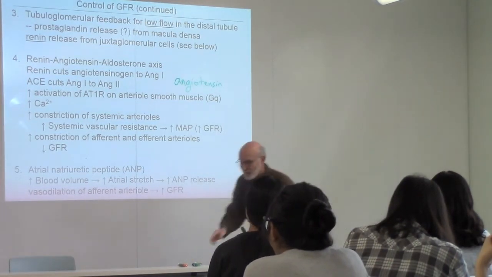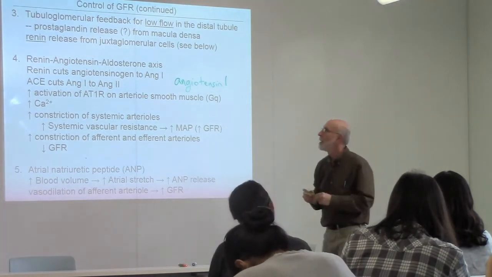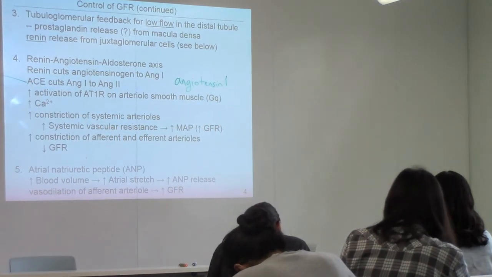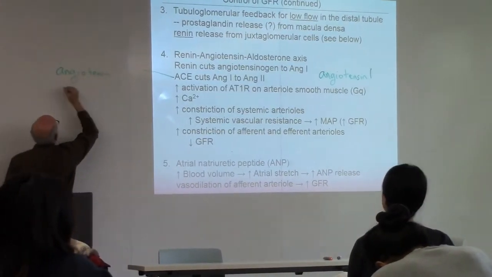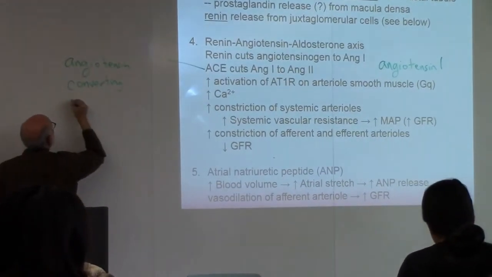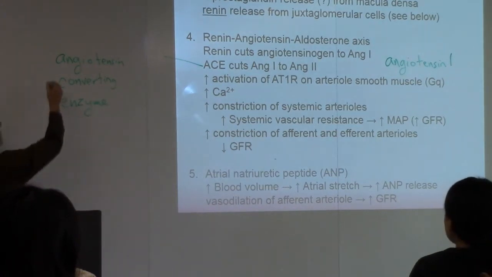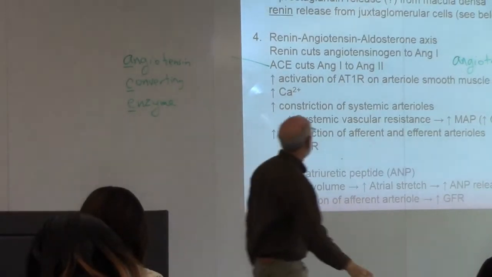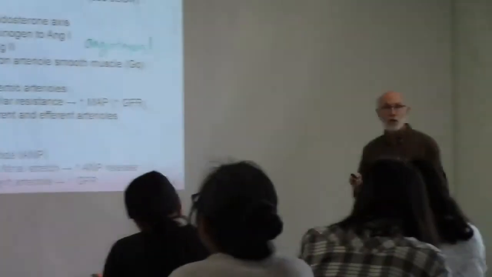Angiotensin 1. Then there's another enzyme called angiotensin converting enzyme, ACE, which cuts angiotensin 1 to angiotensin 2.